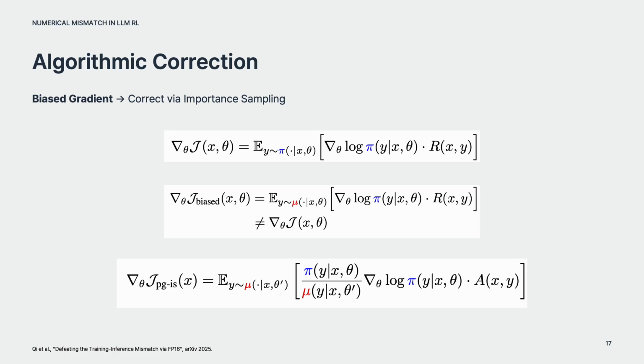As mentioned earlier, we do not sample directly from the target policy pi, but instead sample from an inference policy mu and correct the resulting bias using importance sampling.